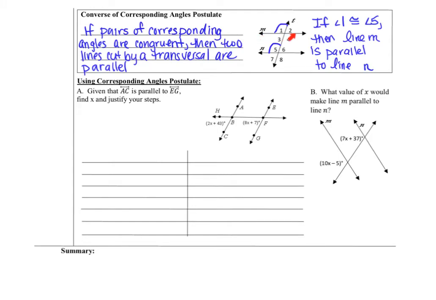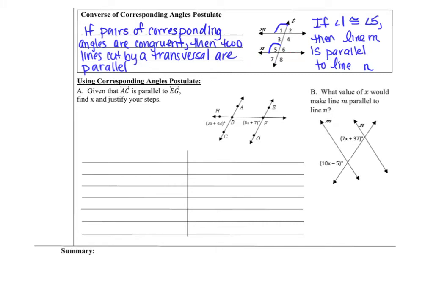So you don't really know if these lines are parallel. However, if you know that angles 1 and 5 are congruent, then that means that they're corresponding, which will then mean that line M is parallel to line N.